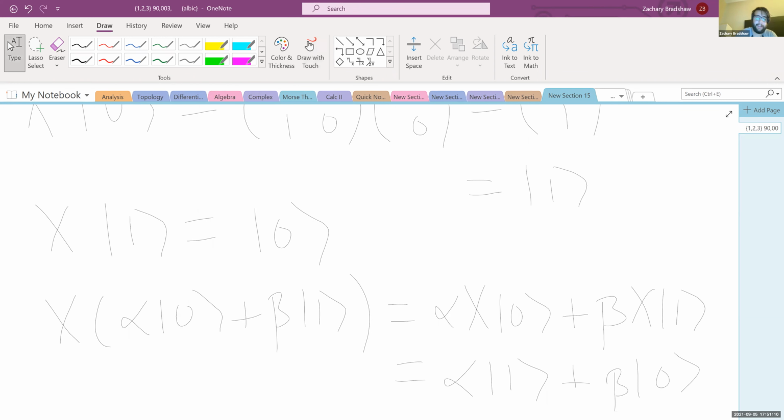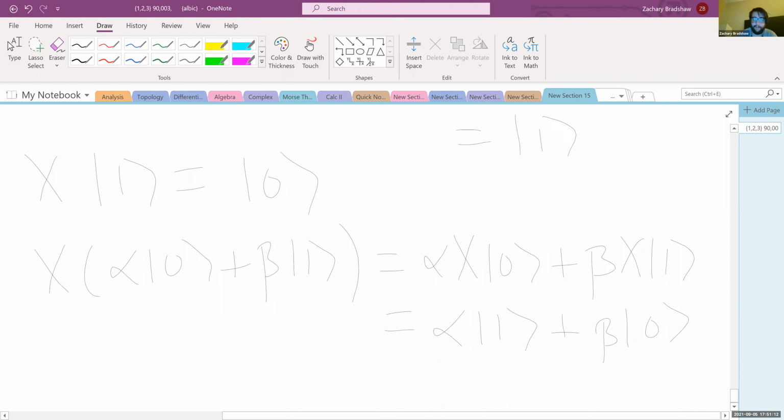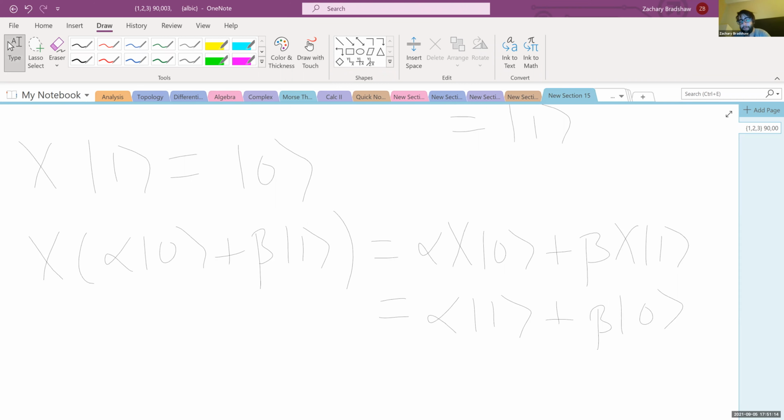So the effect that X has on an arbitrary state, alpha 0 plus beta 1, is to flip-flop the amplitudes or the coefficients of the basis elements.